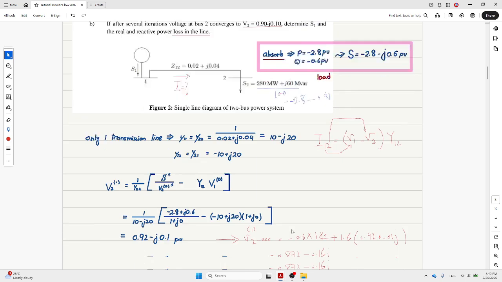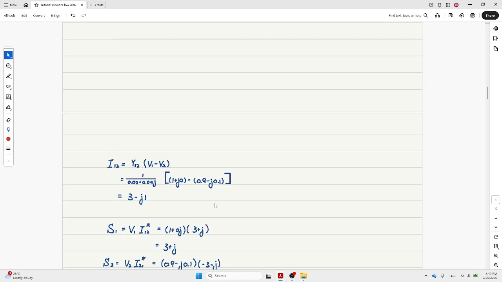Right now, the voltage of bus 1 is 1 with the angle of 0, which is for the slack bus, correct? And the voltage of bus 2 is given to us. And y12 is not from the Y bus.